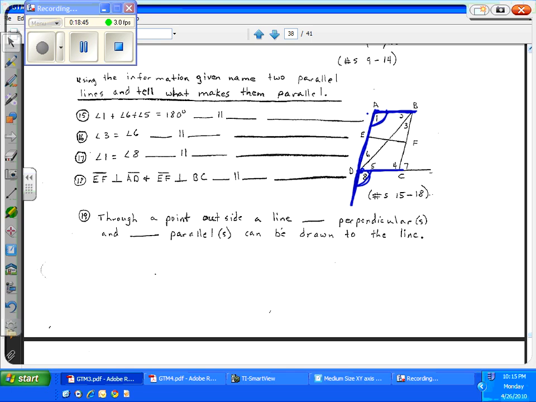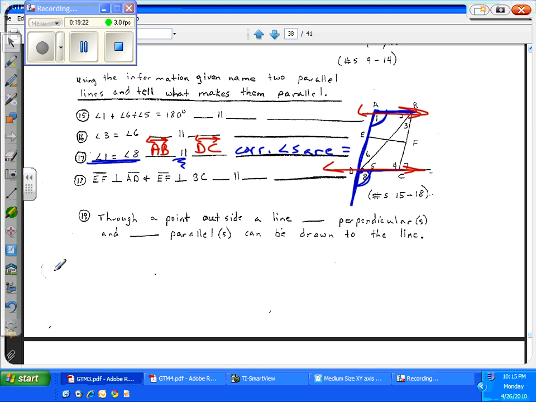Corresponding positions relative to the two lines, they make the letter F. Corresponding angles are equal. If corresponding angles are equal, then we can say that the lines are parallel. The lines that form them are line DC and line AB. So we can say that line AB is parallel to line DC because corresponding angles are equal.